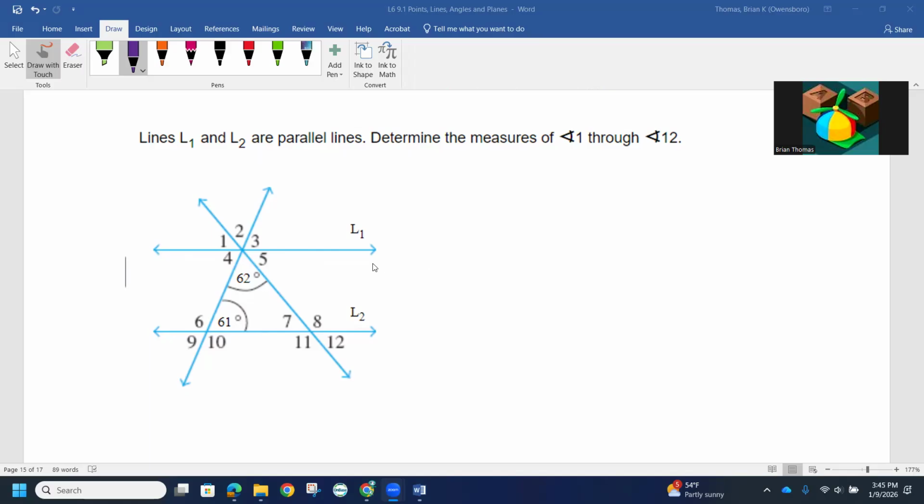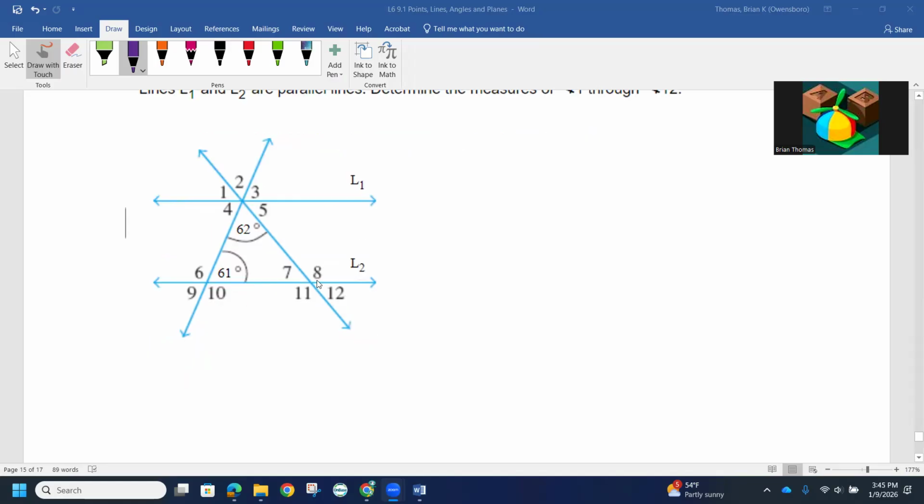So one of the first things I pick up on is this angle given is 61, and this angle here is given as 62. There is no one way of doing this problem, so I'm just going to go over here and just list my angles.